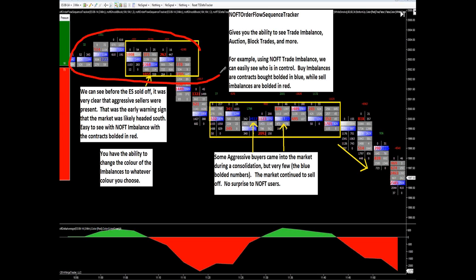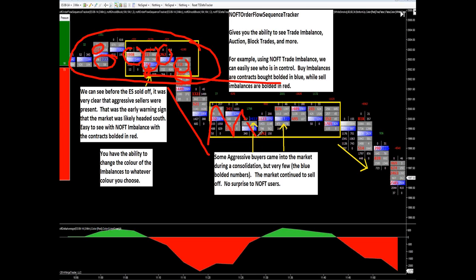Never mind the blue highlighted cells; those are the volume point of control of each bar, or POC, as some people like to call it. I'm talking about numbers that are actually blue, bolded, highlighted. You don't see any. You see one right there. Everything else is a sea of red, sell-off, breakdown.